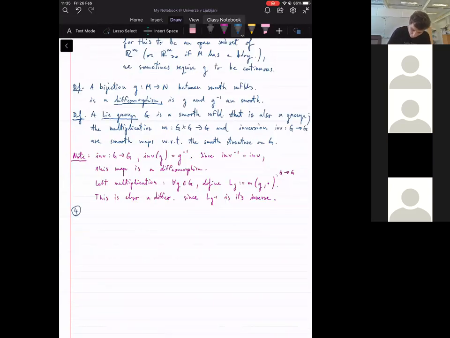So the fourth exercise would be to show that GL_n(F), which we defined in the previous exercise session, is a Lie group. The smooth structure is already done. We just write a tick for group structure.